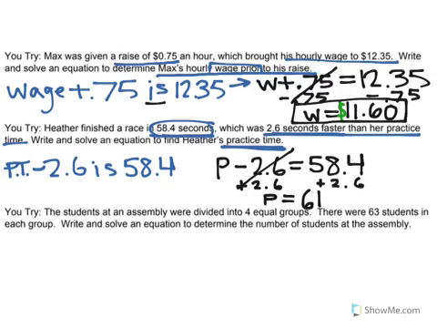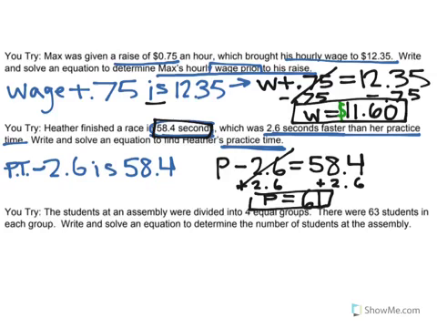So her practice time was 61 seconds. And she finished the race in 58.4 seconds, and that was 2.6 seconds faster than her practice time. So we were able to find the practice time just by piecing it together. So make sure you're taking notes because you'll see similar problems.